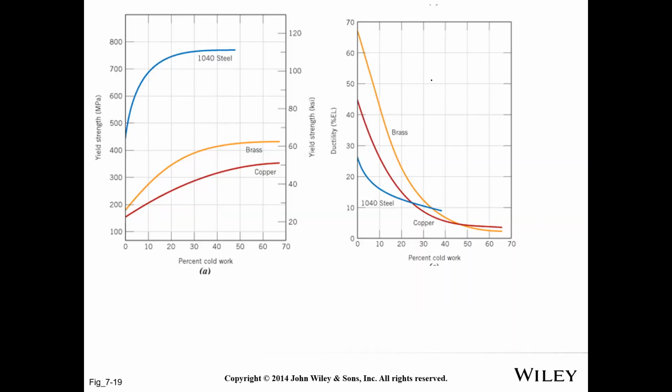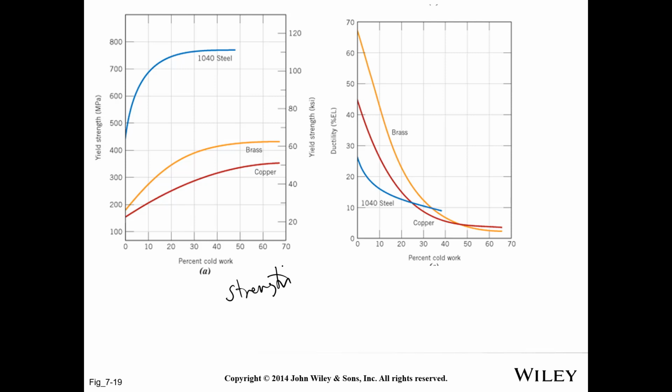Now going on here, here's a figure from your book that describes what happens to the strength of steel, brass, and copper as we work it more and more. And you can see what happens to the ductility. So the left is the strength here. As we work it, the strength goes up.